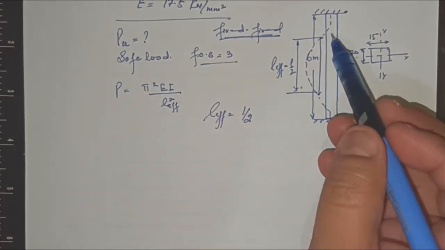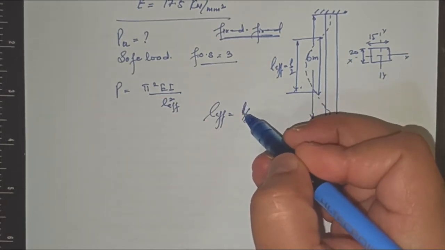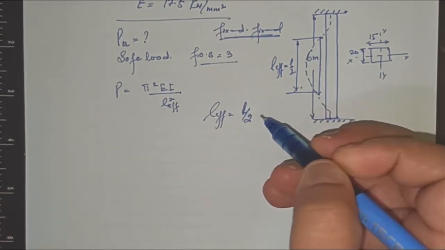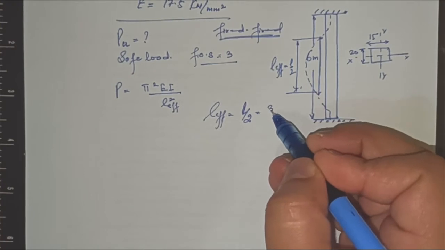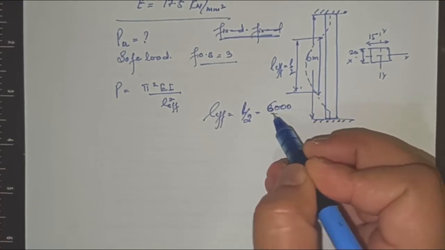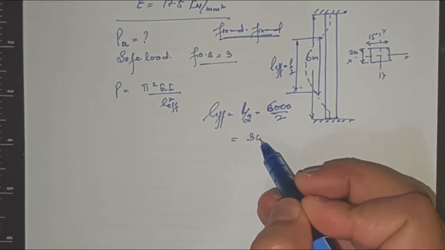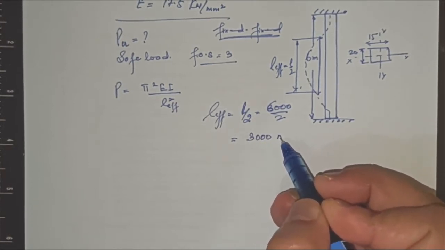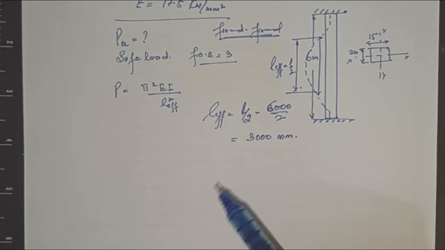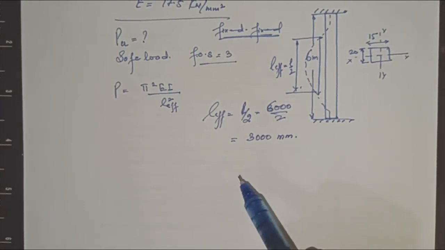The overall length is 6 meters, so 6 meters by 2. So this will be 6,000 by 2, around 3,000 mm.